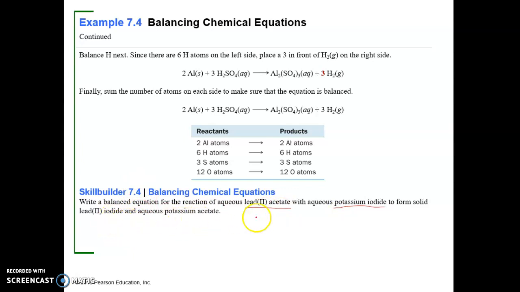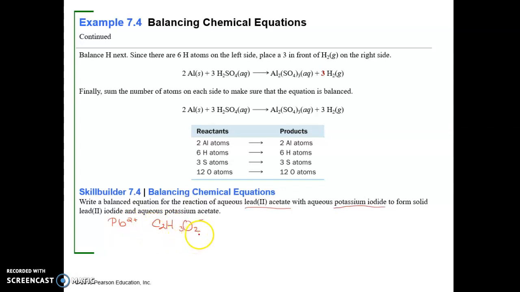Lead(II), if you remember from your nomenclature, means you have Pb2+. Acetate ion is C2H3O2-.